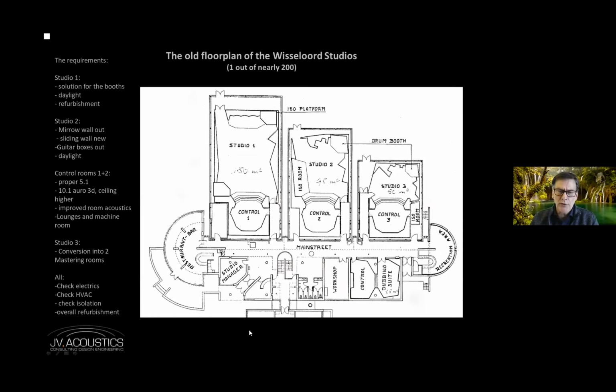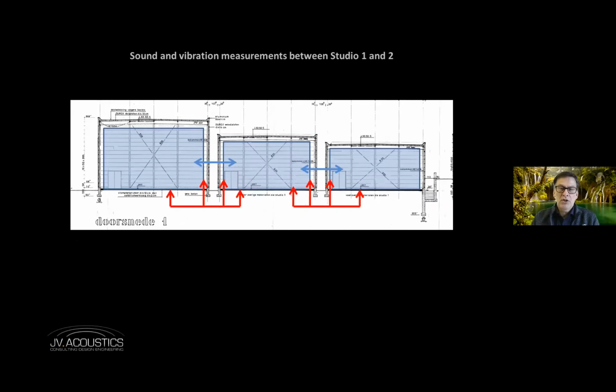Actually, I don't know if you can see my mouse, but I think you can imagine. And there was a transmission. Here you can see these 3 buildings in a section, Studio 1, Studio 2, and Studio 3. And first of all, I had to find out, where is it coming from? Is it really that easy to solve this problem, or is it a bigger issue?